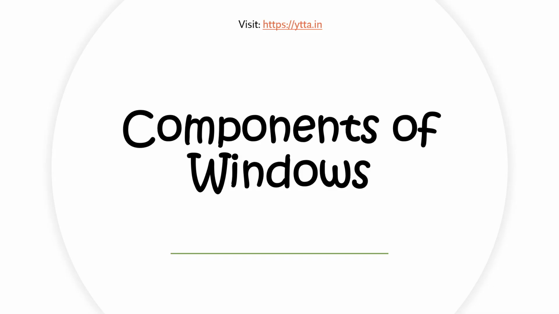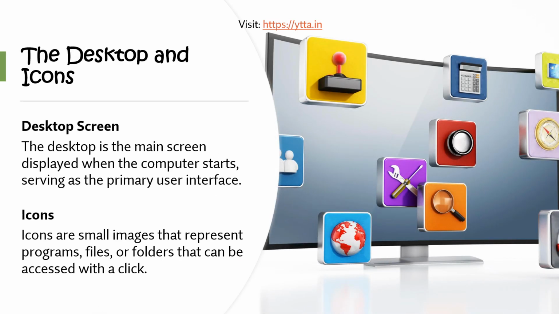To understand Windows better, let's talk about various components of Windows. When Windows starts, the first screen which we get is the desktop screen. The desktop screen is the main screen you see when you turn on the computer. On that screen, you see icons. Icons are small pictures that represent programs, files, or folders you can open.